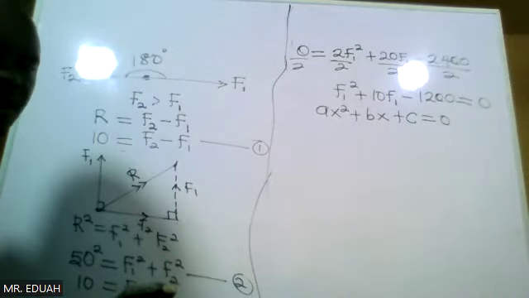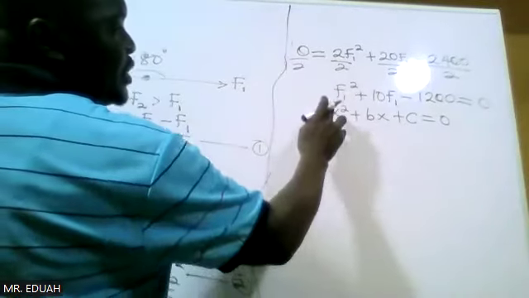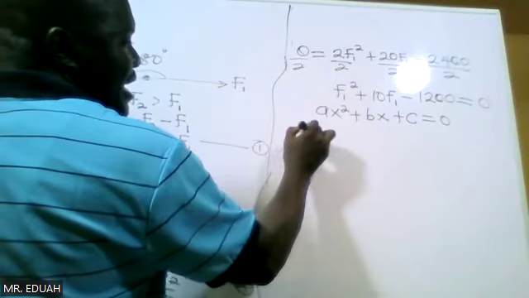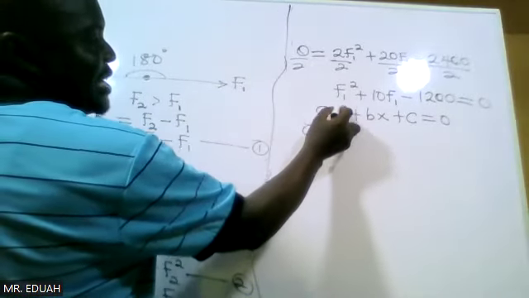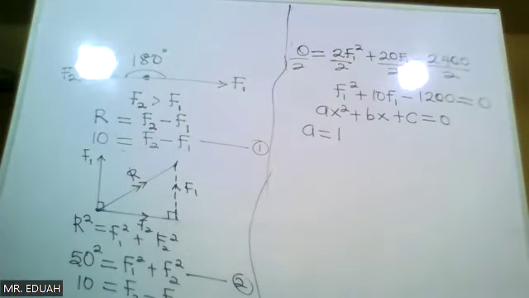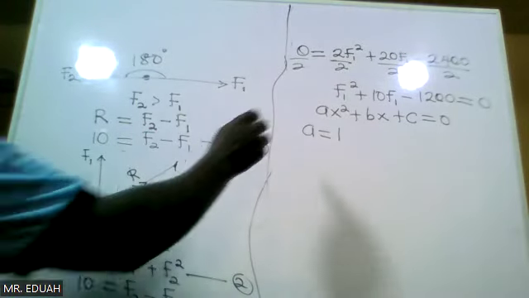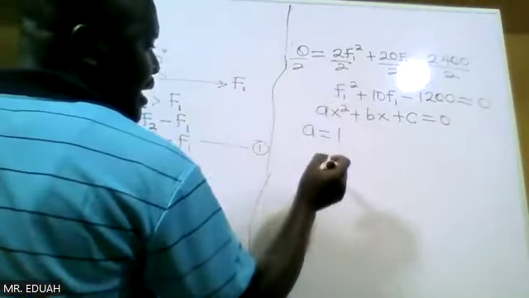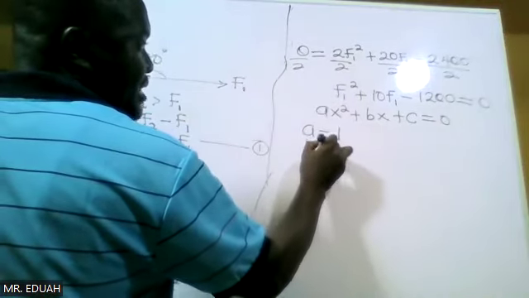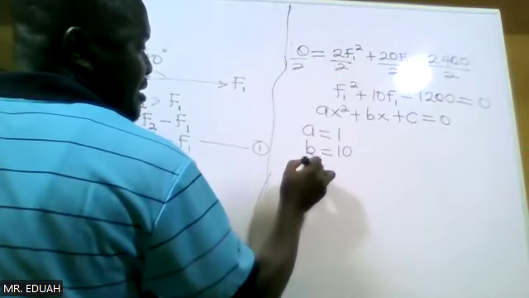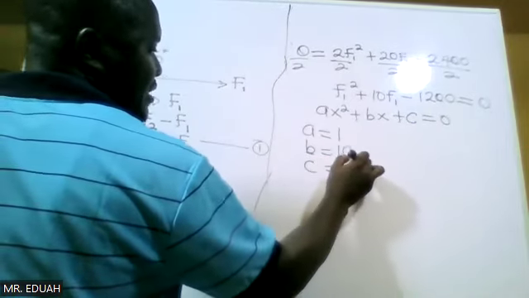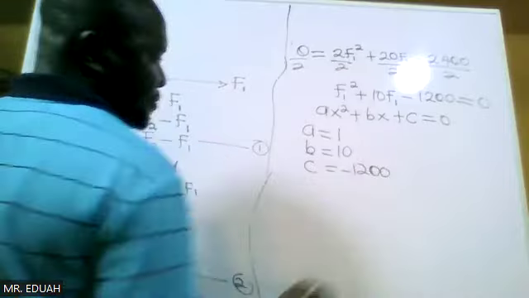By this, when you compare, you could deduce that a is equal to 1, because our x is F1. b is equal to 10. c is equal to negative 1,200.